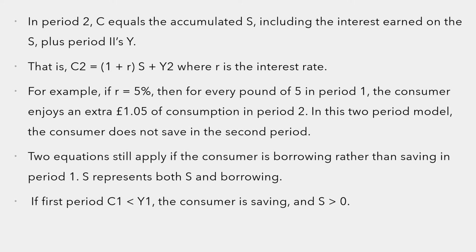For example, if the interest rate is determined at 5%, then for every pound saved in period 1, the consumer enjoys an extra 1.05 pounds in period 2. If you are taking the interest in terms of pound, you have to express the income, interest rate, everything in terms of pound only.